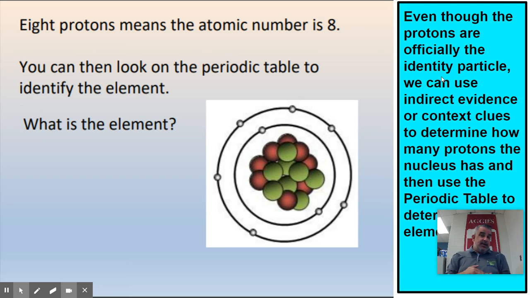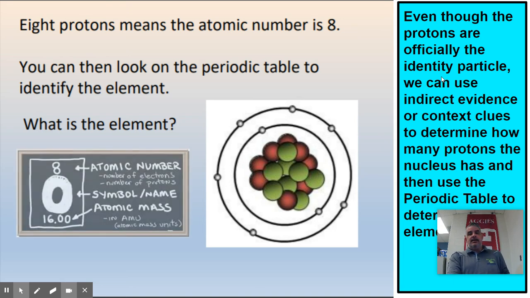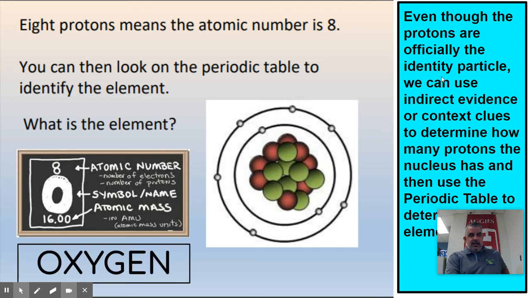So then we can go back to our periodic table and look for element number 8, and that element is oxygen, okay? So again, just to review, we can use indirect evidence, or in English ELA terms, we would say that's context clues. We can use indirect evidence in order to identify the number of protons, which then tells us the atomic number, which then will tell us what element this is.